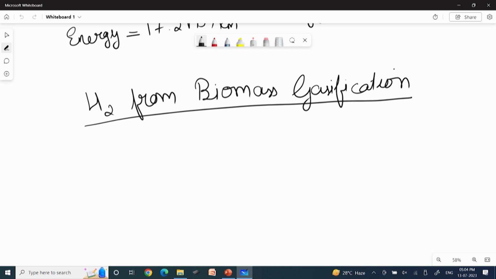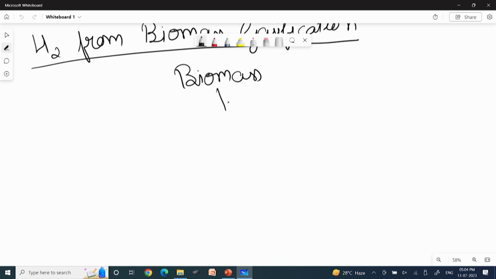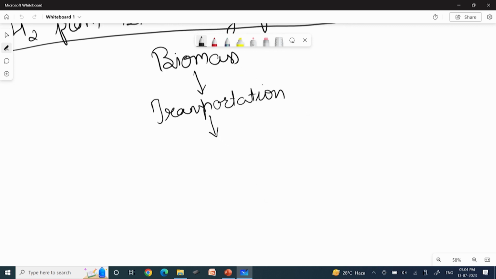So in this case, you would have the biomass being cultivated on scale, or it could be even waste biomass in the form of agricultural residues, which is available in plenty in a country like ours. Then this would involve transportation, and after the transportation we would also have a significant amount of drying and handling.